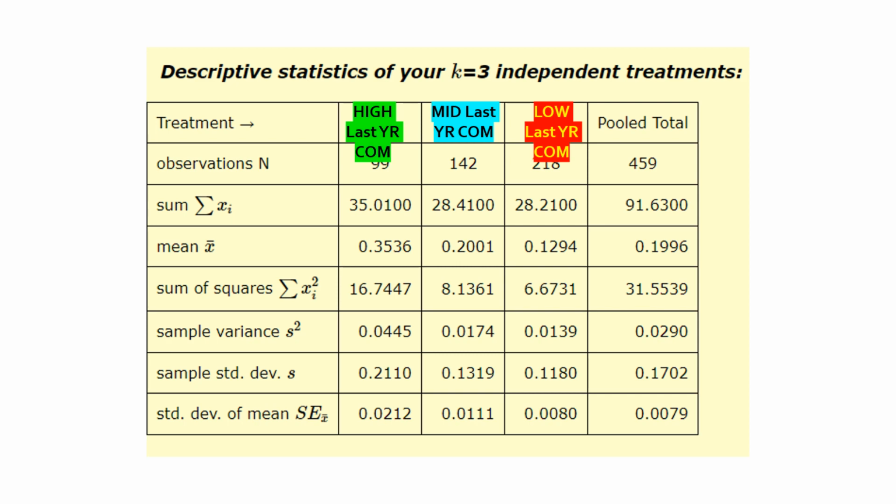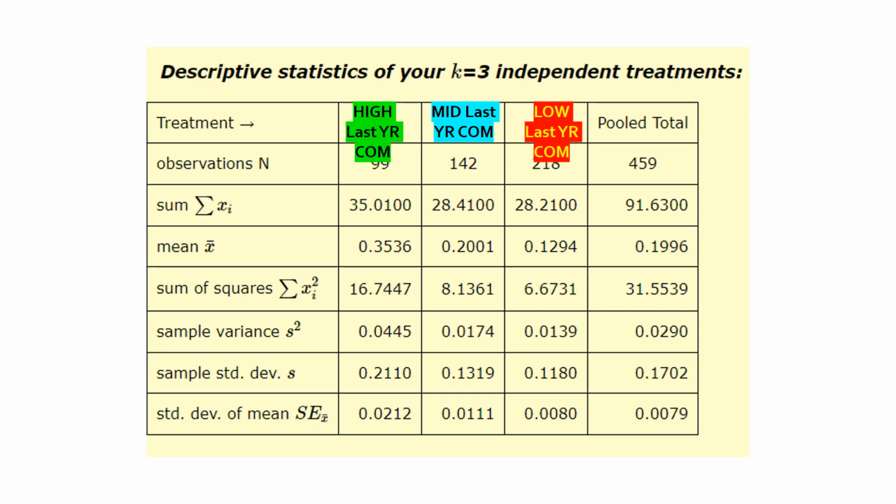stats here. Here's our treatment, which this is called K, equal 3 independent treatments. So it's got to be independent. We can't cherry pick the data. So it was high last year, and what are they this year? Medium last year or low.